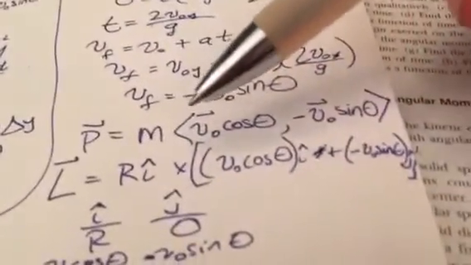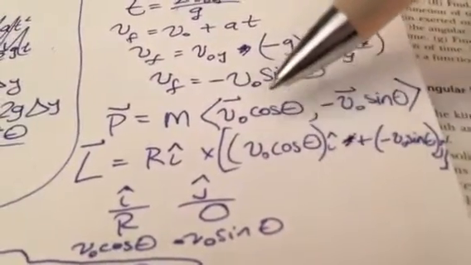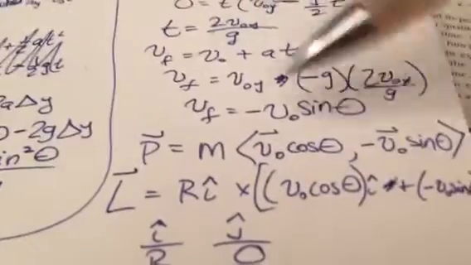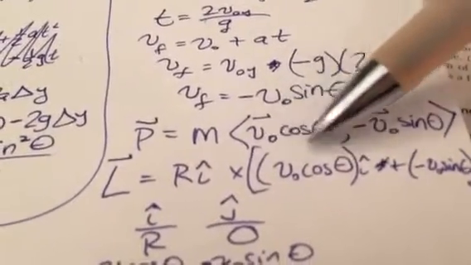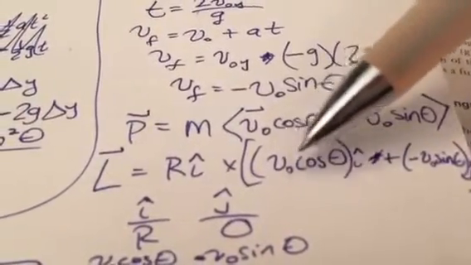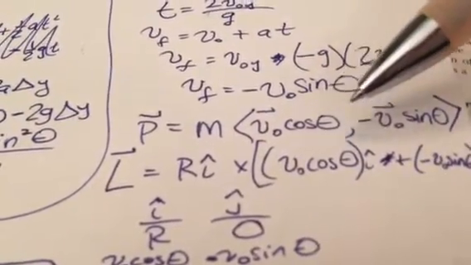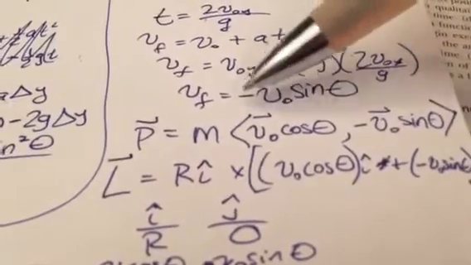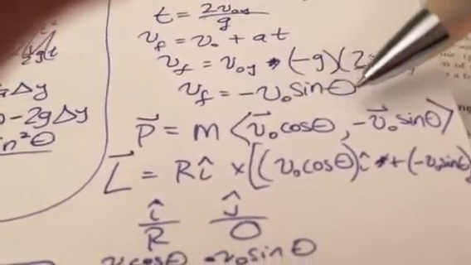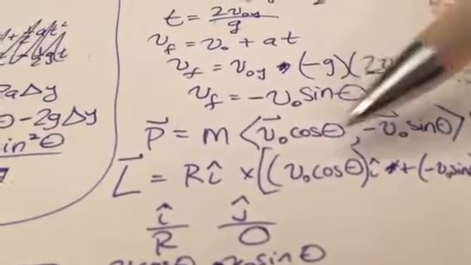So P is equal to m times those two values that we found. Velocity naught cosine theta, which was velocity 2x, is going to be our x part of the vector. And in the y direction, the j direction, it's negative v naught sine theta, which we just calculated.